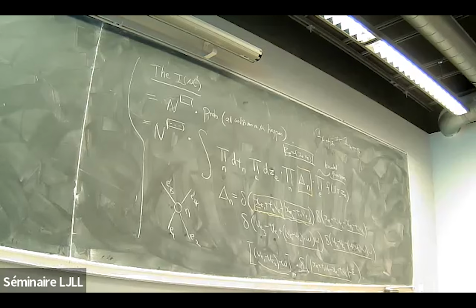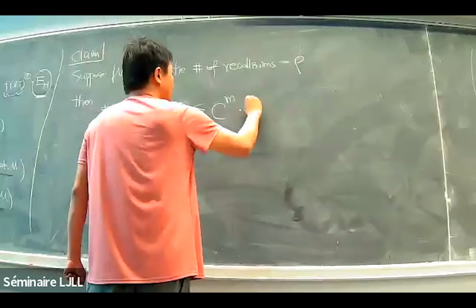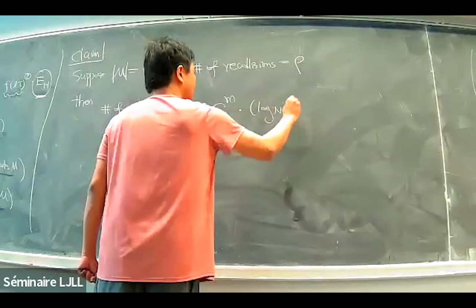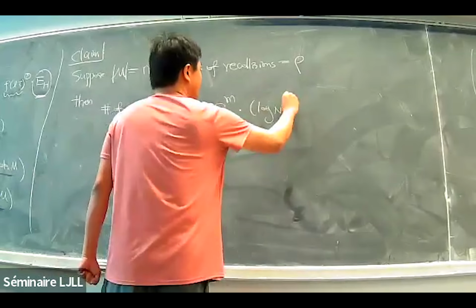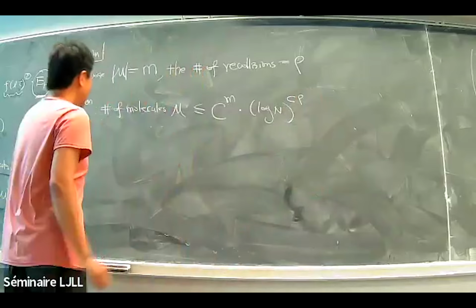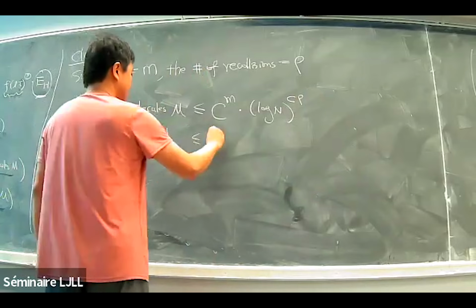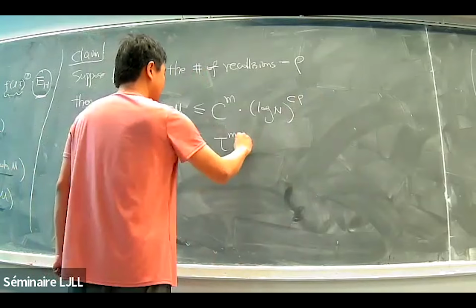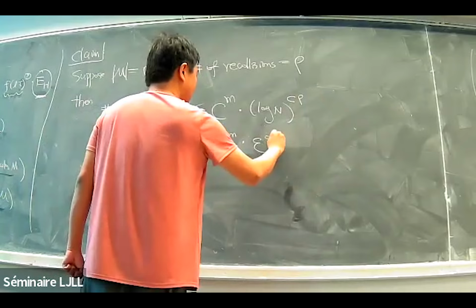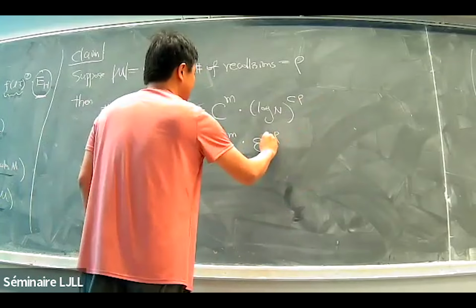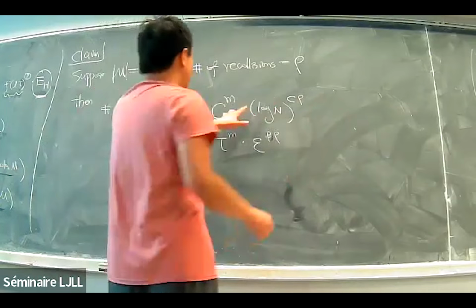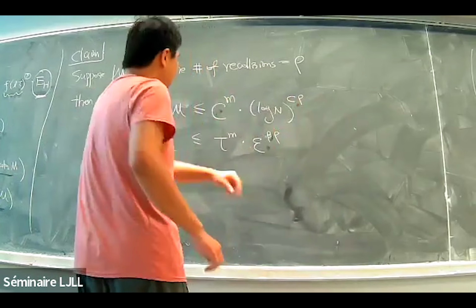Then the number of molecules m is less than an absolute constant c to the m times log n to the c natural, and then the integral I of m is less than tau to the m times epsilon to the alpha times rho. Maybe not alpha, so that's probably beta. Here c is an absolute constant, and beta is a positive constant.